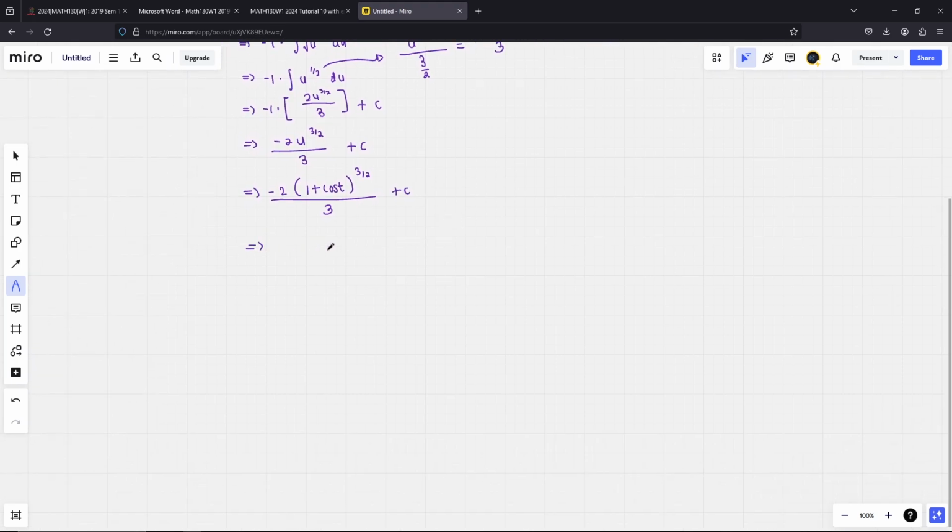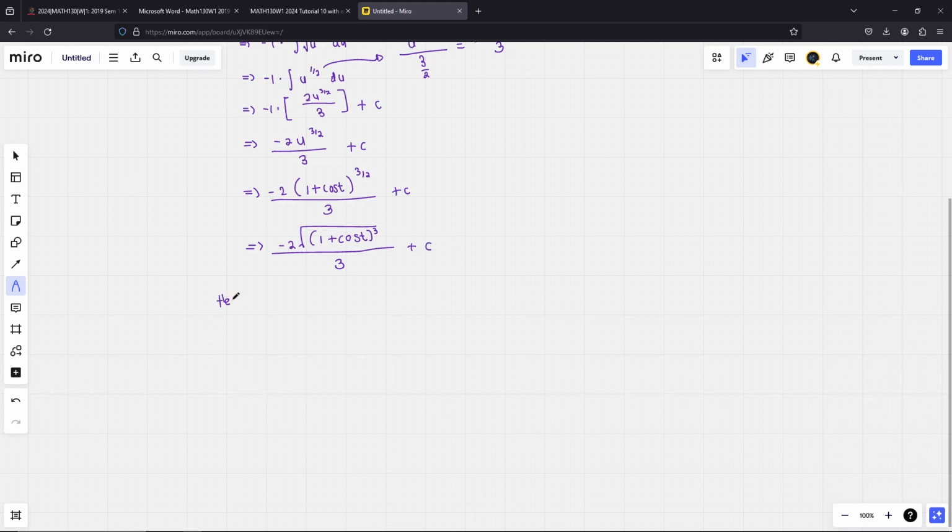And then we can say that this is minus 2 into the root. Now power over root means that this is going to be 1 plus cos t all cubed divided by 3 plus c.